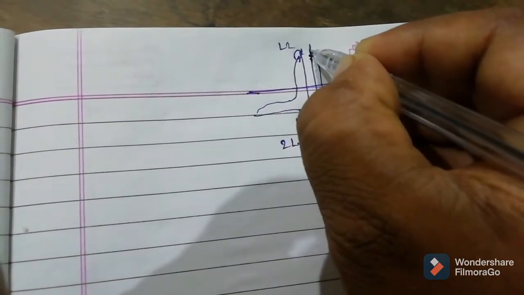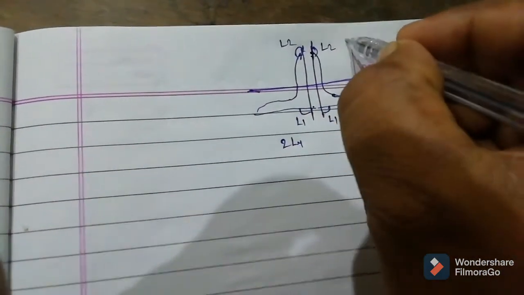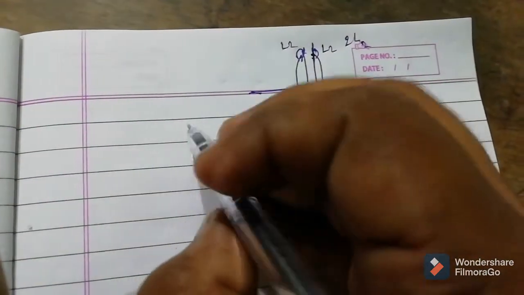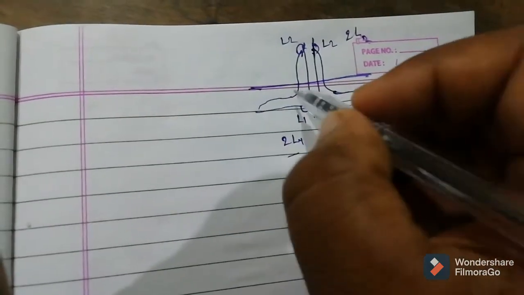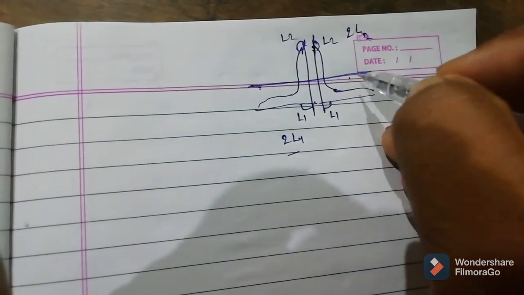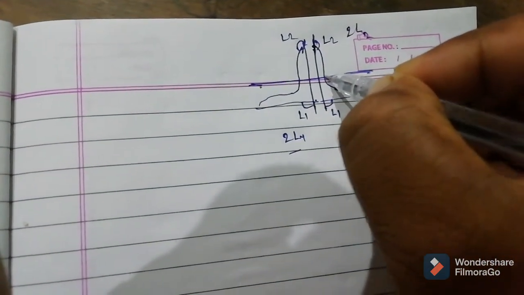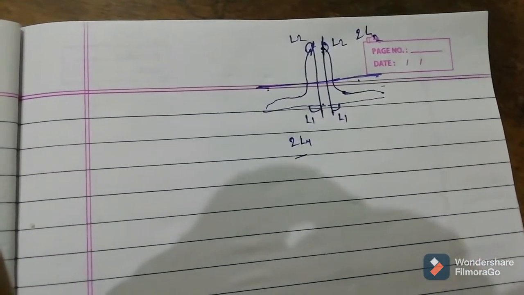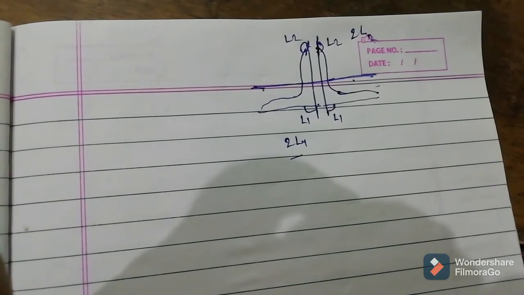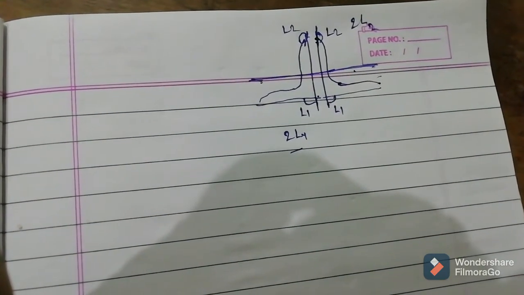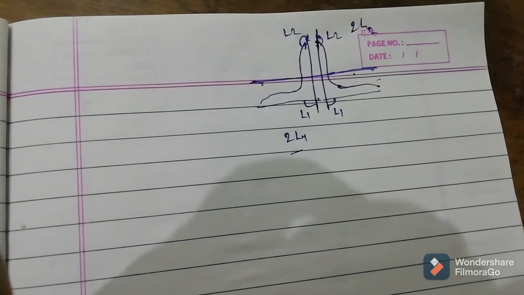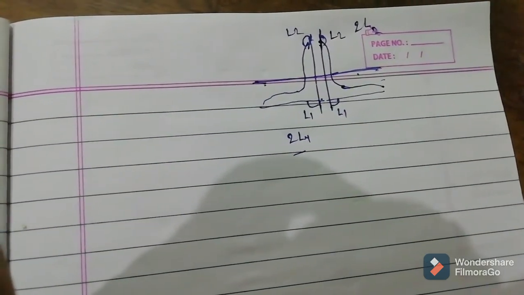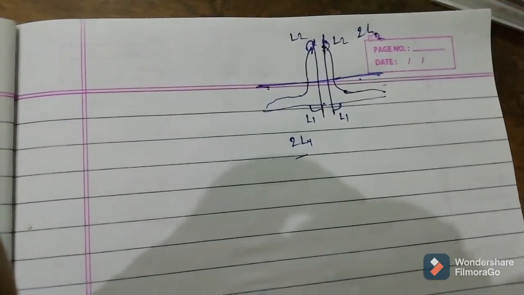You can change L1 and L2: if this is L2, this is your 2L2 and this is 2L1. That's it, the rest will be the same; you calculate the moment at the center again. With this we have completed the welded joint. You have to solve all examples. If you face any problem, then message me, I will be live to solve those questions. Okay.